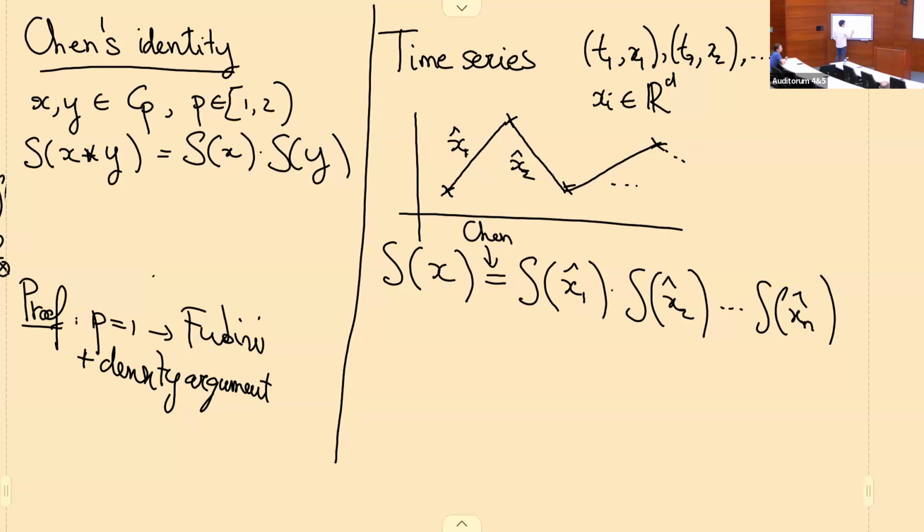And then, thanks to the previous statement that told us that the signature of a linear path is just the exponential of its increment, this gives that the signature is just the tensor product of the tensor exponentials of the increments of the linear pieces, where delta just means the increment, the end minus the beginning, okay?